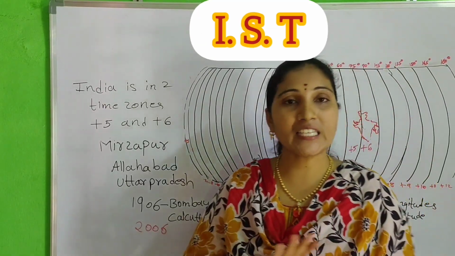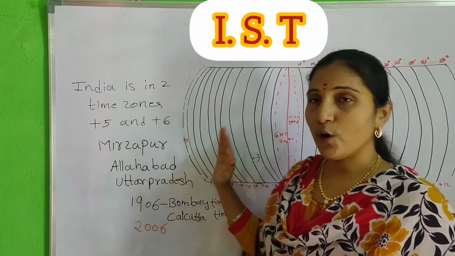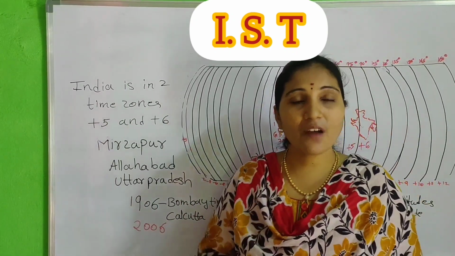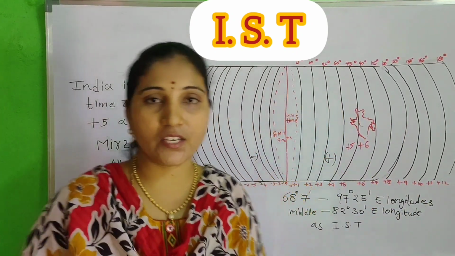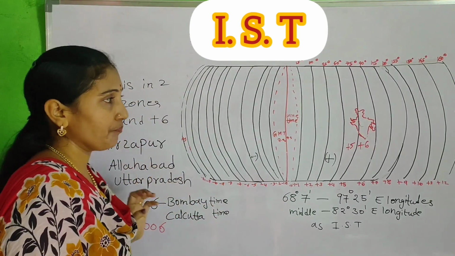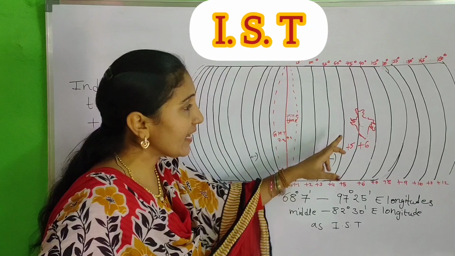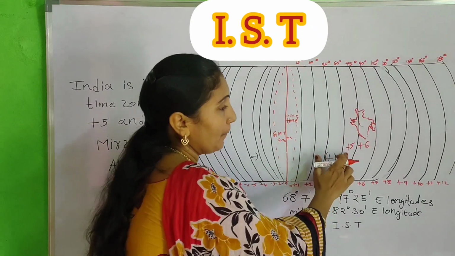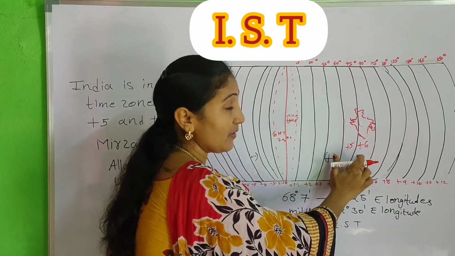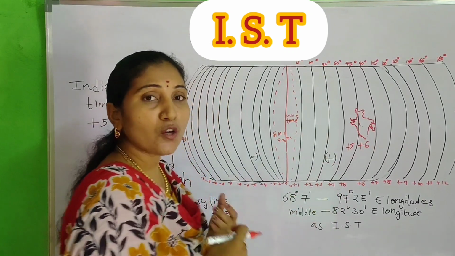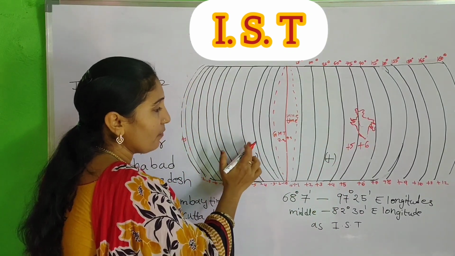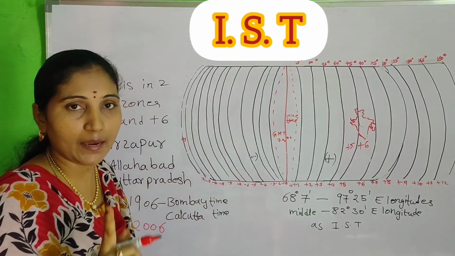I hope everybody is clear related to the World Greenwich Mean Time. Now we will discuss about IST, means Indian Standard Time. When we see the globe, it is very clear that India is lying in between +5 and +6, means 2 time zones. What we discussed, each and every line we consider as one time zone.